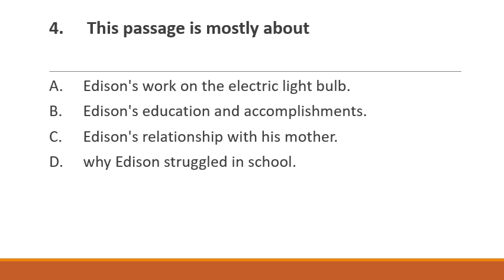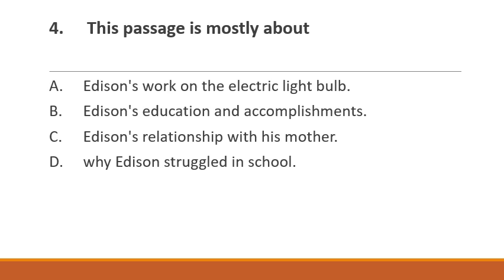One more time, when I ask you about the main idea of the passage, or this passage is mostly about, you need to focus on the most discussed idea, the dominating idea in the passage. Of course, in the passage we talked about Edison's work on the electric light bulb. We talked about Edison's relationship with his mother, not in any direct way, but implicitly.